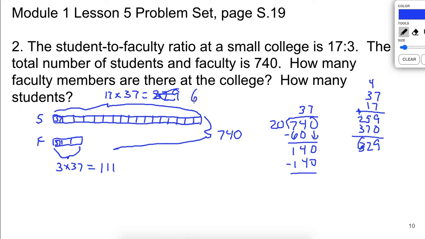That is 629. Now, how do those add up to 740? Those add up to 740 now, don't they? So those now add up to 740. So since they add up to 740, that looks like it's correct. So make sure you do your math right.